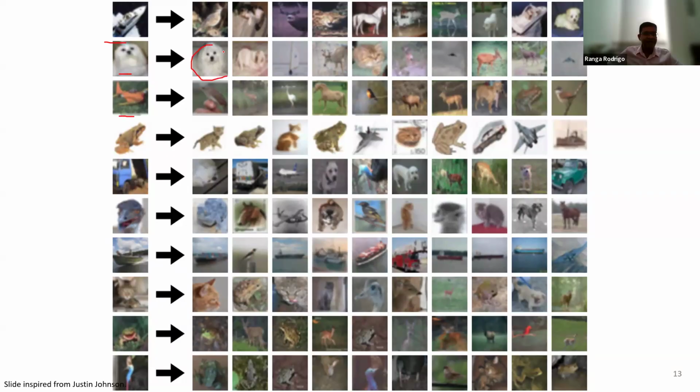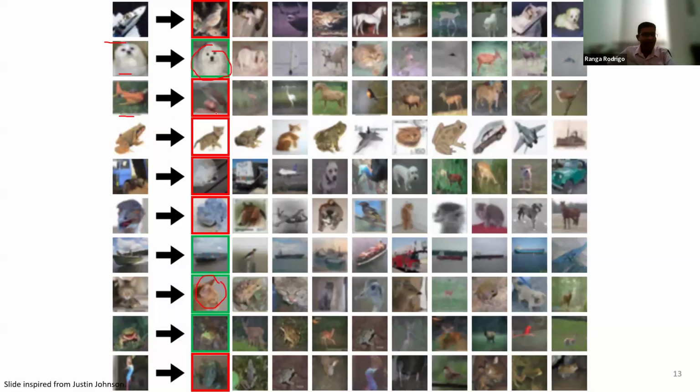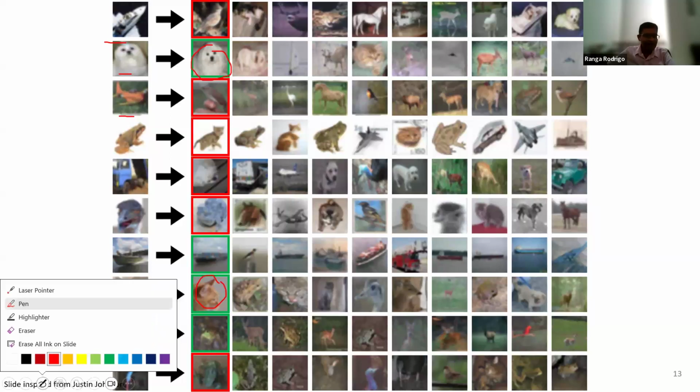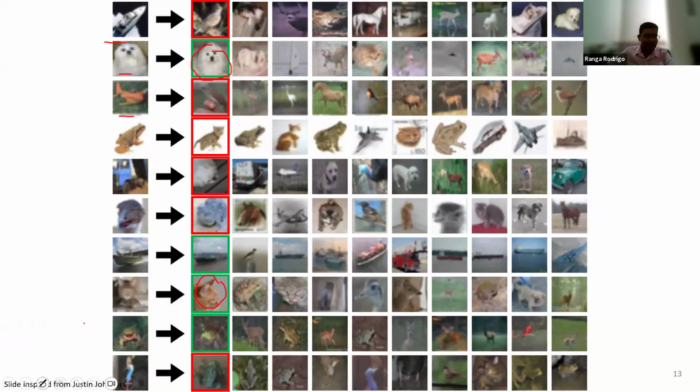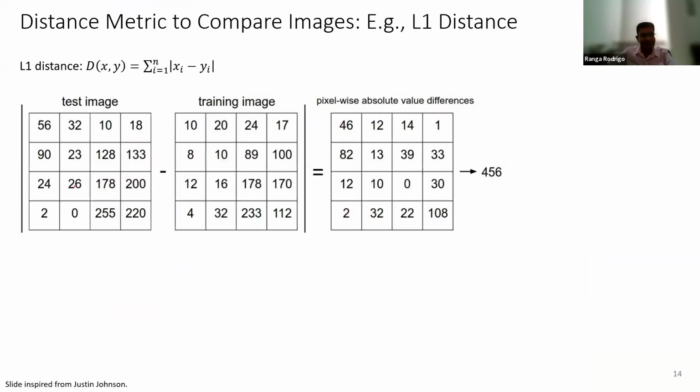This one seems to be correct, right? It is correct. This selected some other animal, wrong. Cat is correct. Some are correct, some are wrong. You can see these are wrong, and few of them are correct. All right, so this is the nearest neighbors thing. I hope that it is clear to you.